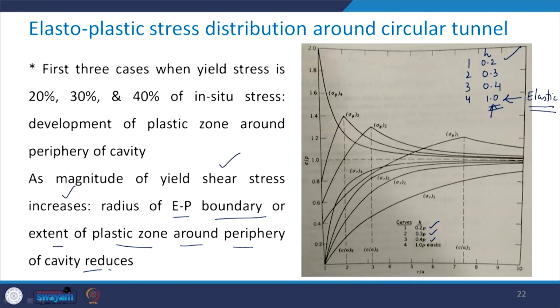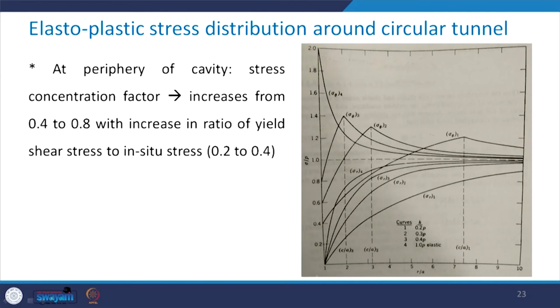That is also shown here that C by A in the first case is quite large, about 7.3 here. Then in the second case, when h is equal to 0.3, it is further reducing, and when h is increased to 0.4, this is further reduced to somewhere close to 2, and when you have the fourth case, obviously this is going to be equal to 1.